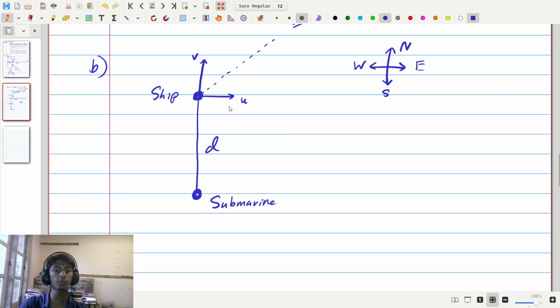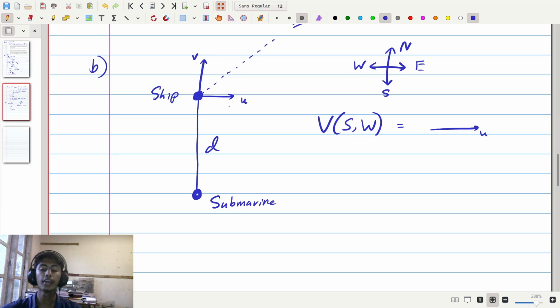So from this, what we know is that the velocity of the ship relative to the earth, which I'm going to call the water for now, since it is in fact the water that we're considering, is equal to u in the horizontal direction and v in the vertical direction.